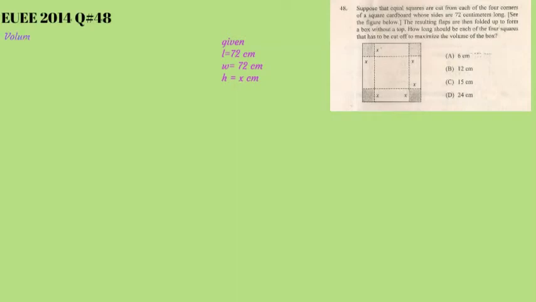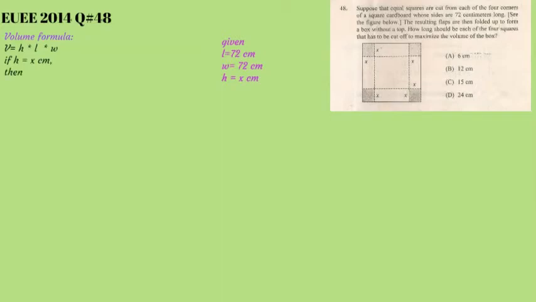We know to find a volume from a volume formula. The volume is equal to height times length times width. We don't know the height. Let's assume it is x.